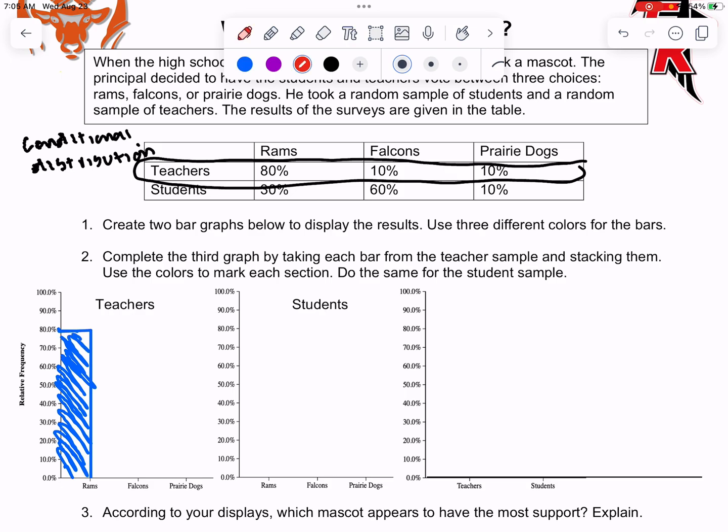We have Falcons, which was 10%. So Falcons goes kind of like there. Then we have Prairie Dogs, which is also 10%. So Prairie Dogs would be the same height. There.